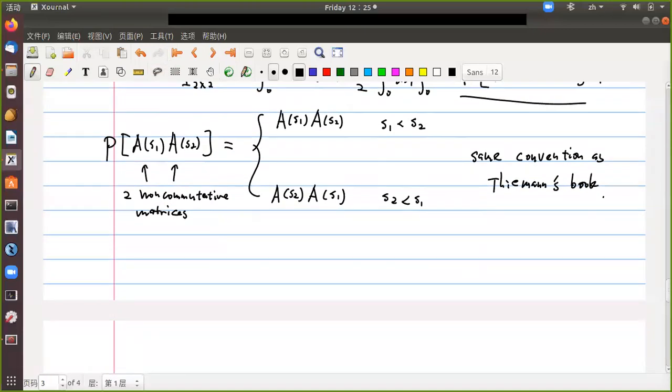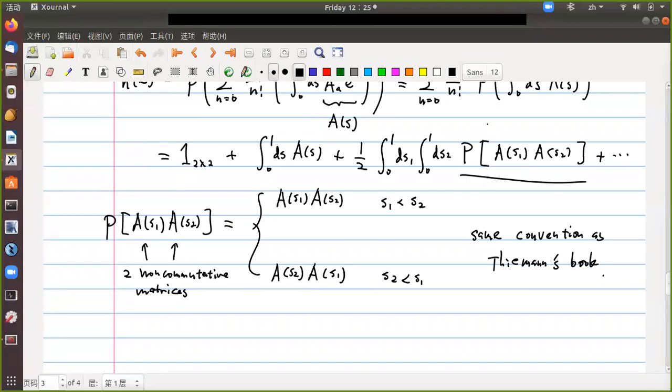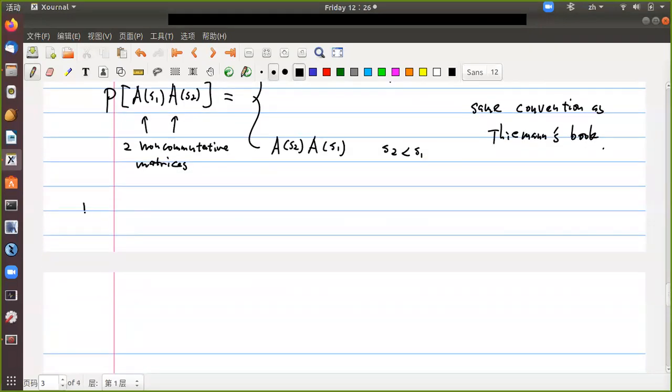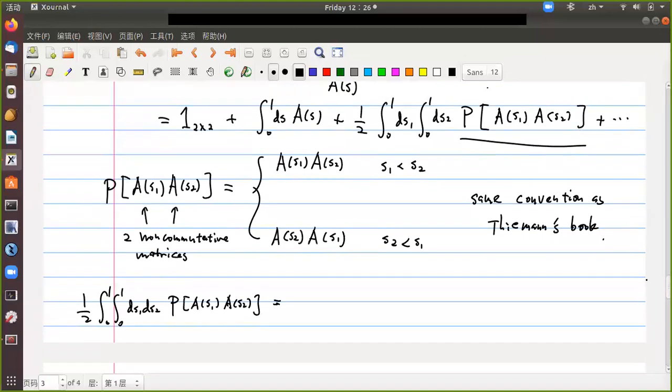Now we can compute this second order integral by plugging in the path ordered operator. This is 1/2 integral 0 to 1, 0 to 1, ds1 ds2 P of A(s1) A(s2). You can split this sum because you have to take into account two different cases, when s1 is smaller than s2 or s2 is smaller than s1.